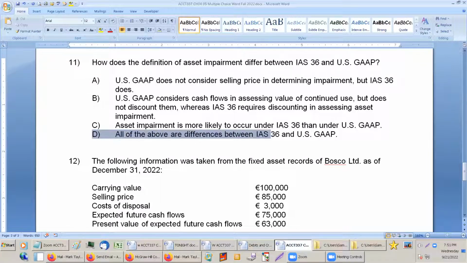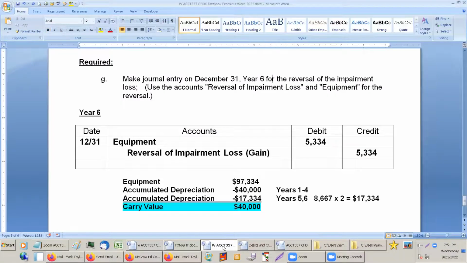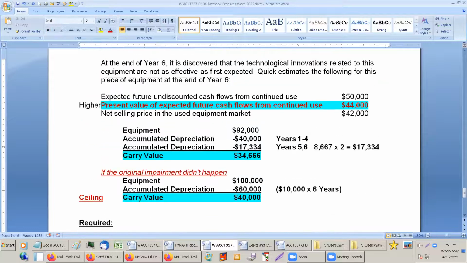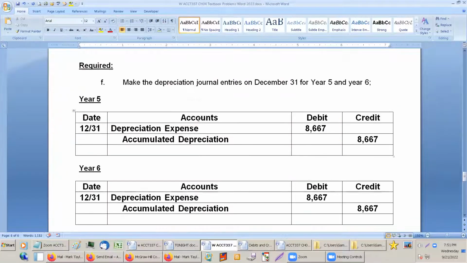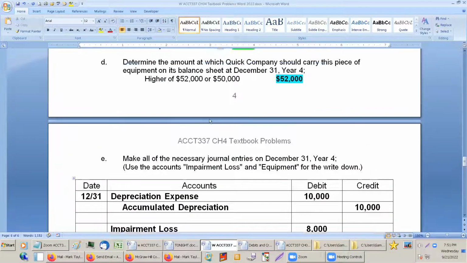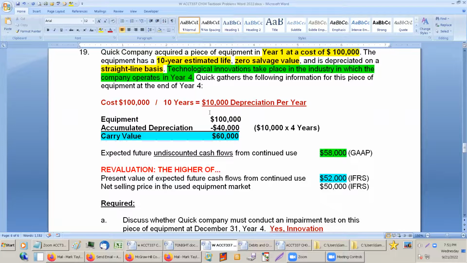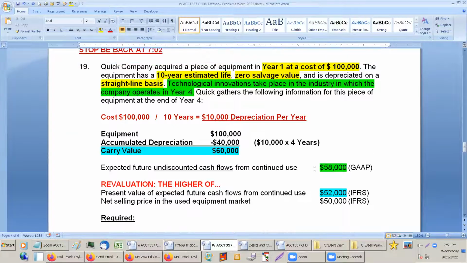D. It is. It's all of the above, and part of the reason is it's more likely that it'll be impaired. Man, this is a long problem. Because of this, the US standards have the undiscounted cash flows where they have the discounted cash flows.